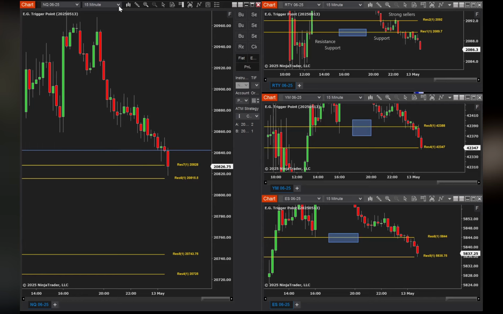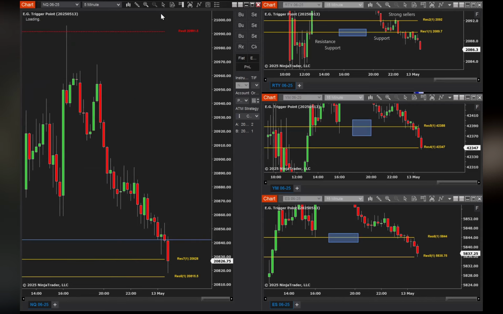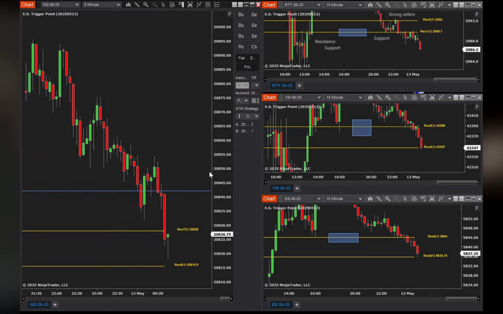These are prices. It has nothing to do with candles, where the candle closed, where it opened, how the candle looks. For instance, if I go to the 5-minute time frame, it looks different, right? In this case, it went up above, so traders could have thought that maybe it's a support level. I knew, based on what I observed on RTY, ES, and YM, that NQ would follow and break.